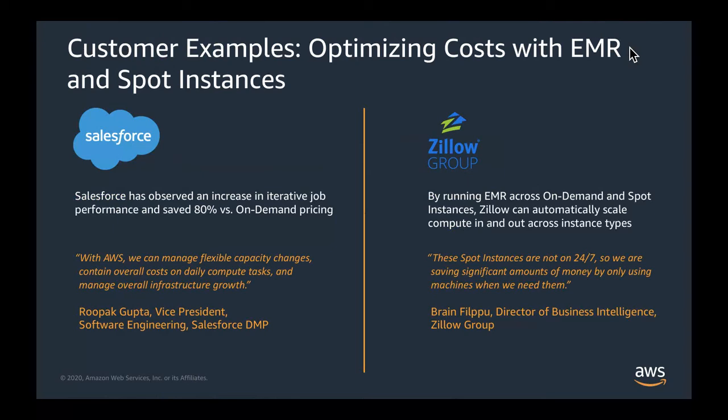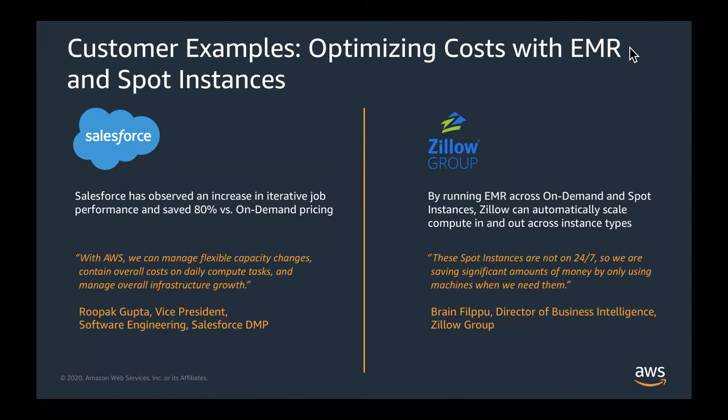Zillow Group is another case study. Again, you probably know Zillow as a real estate property listing site. There is obviously a lot of big data processing that happens in understanding home values, and Zillow uses EMR to run Spark and Hive jobs.